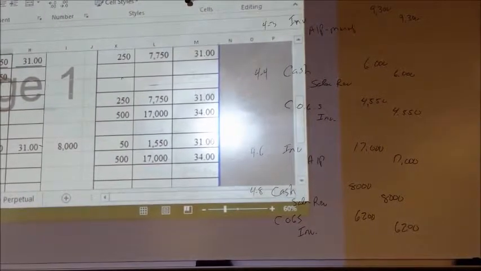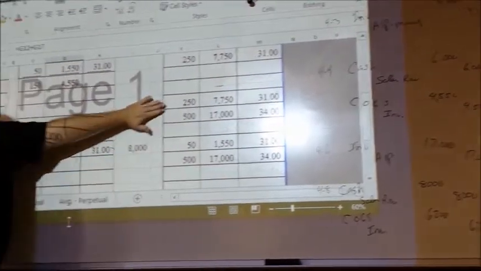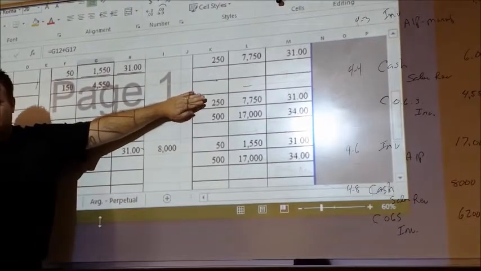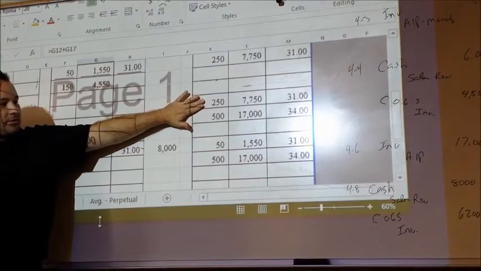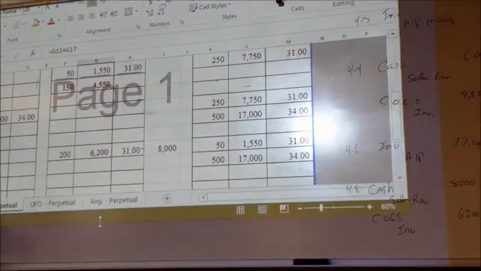I sold 200 items, so those 200 items came from my first in items here at $31 a piece.